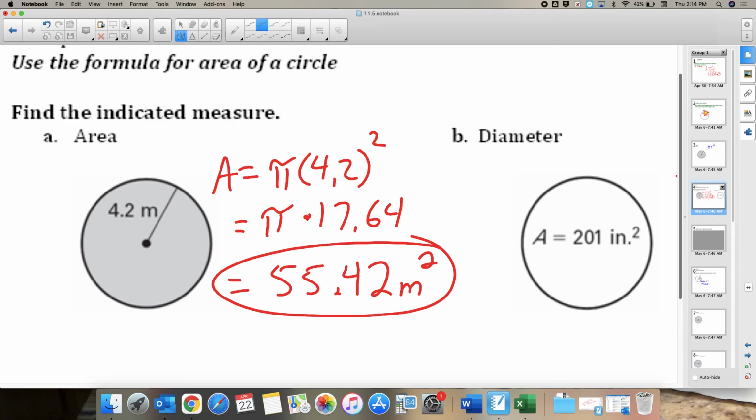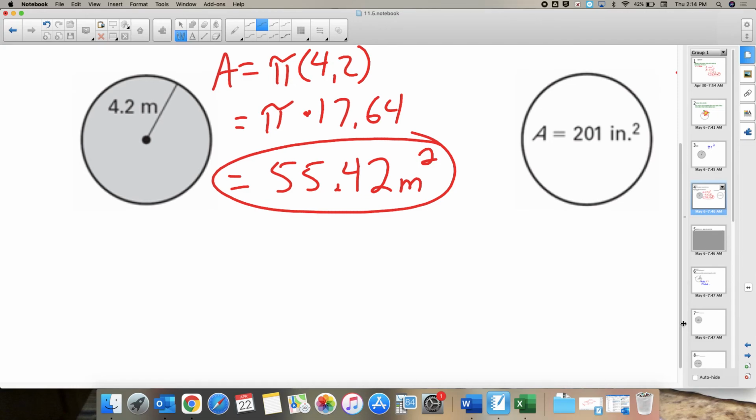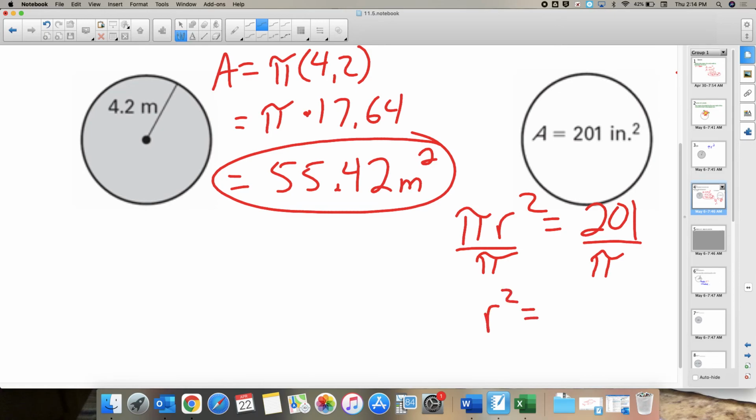In the second one, they have us working backwards. So they give us the area here. So in this case, pi r squared will equal my 201. First thing to do is we'll divide by pi, get that r squared by itself. 201 divided by pi gives us 63.98.